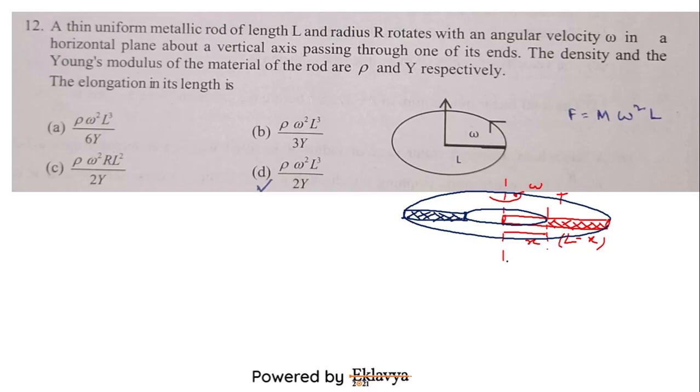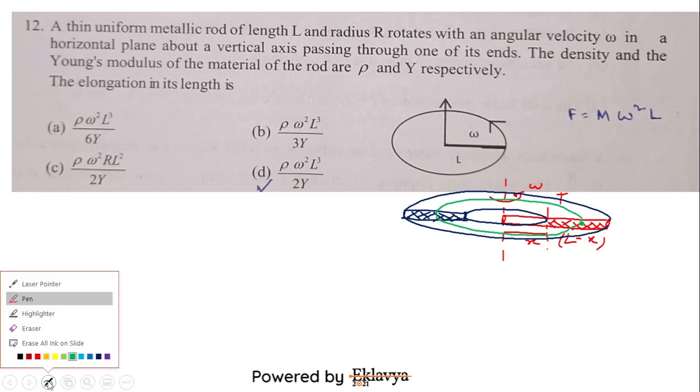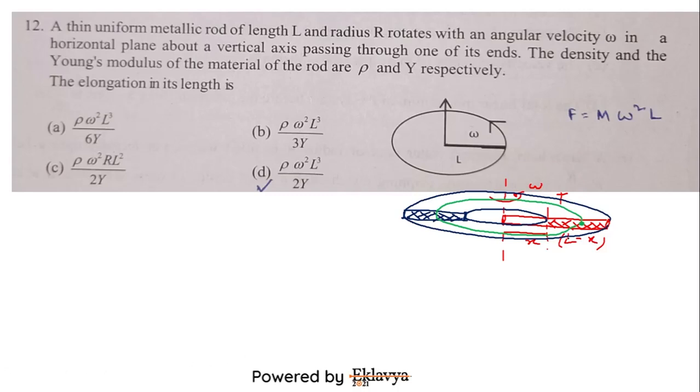Okay, so we can also claim that the center of mass of this segment, which should be at its midpoint, is going in a circle like this. So I'm going to use this fact. I'm going to write the force equation, Newton's second law, on this segment of the rod.